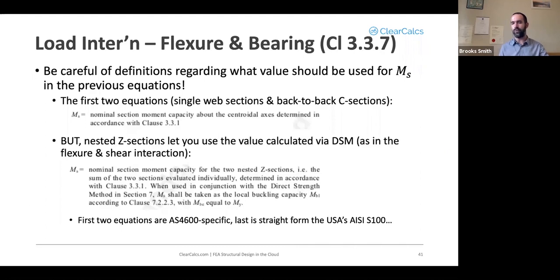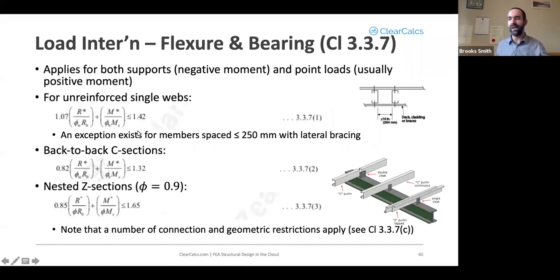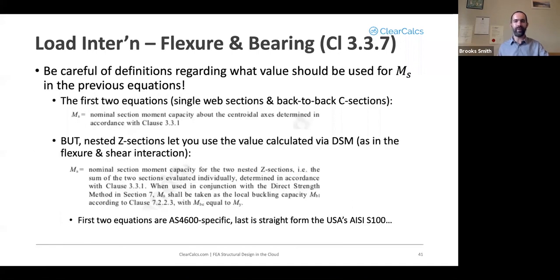S100 allows you to always use that M sub BL value, but because the research did not originally include the direct strength method for those first two equations, M sub S is not allowed to use that value. So basically, make sure you're paying attention to what M sub S should be for the specific type of section that you have, and be very careful of those definitions. Hopefully that will be cleared up in future versions of AS4600, but for now, just be very careful of those definitions.